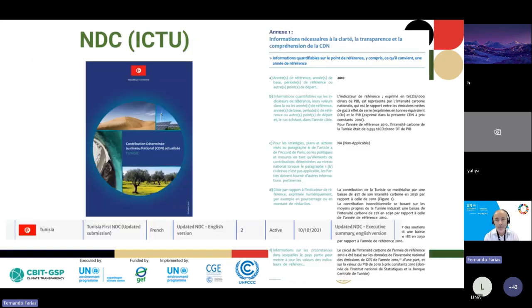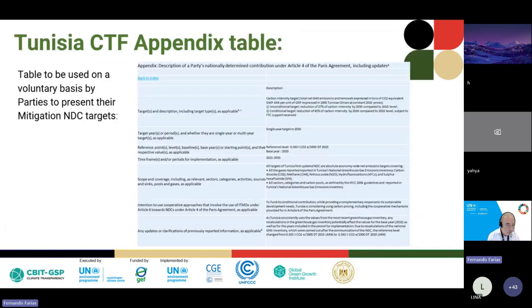So if you go to the NDC of Tunisia, you will find the tables that the country filled with information associated to the ICTU, which was the same information that the country was able to present under the CTF appendix table.